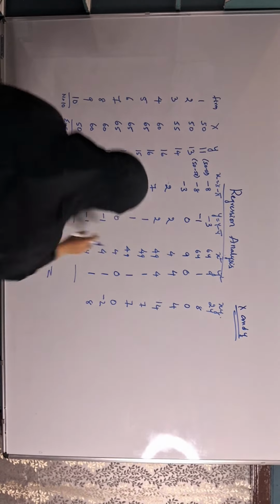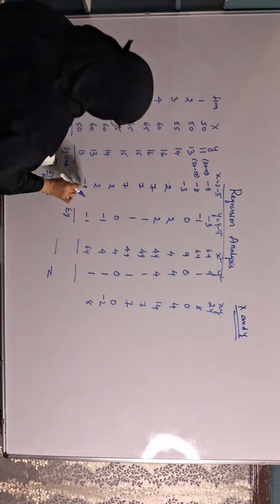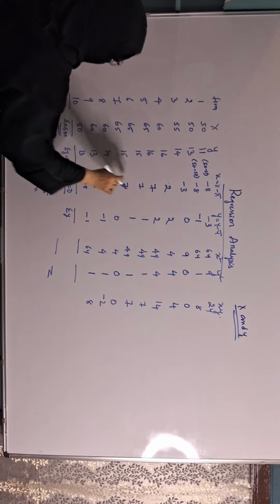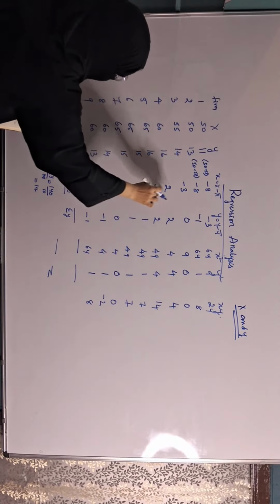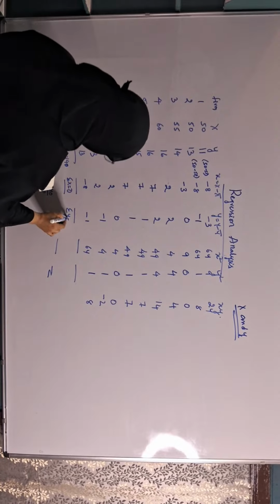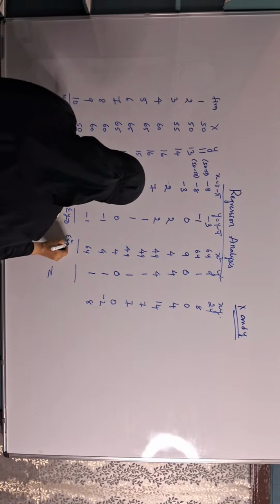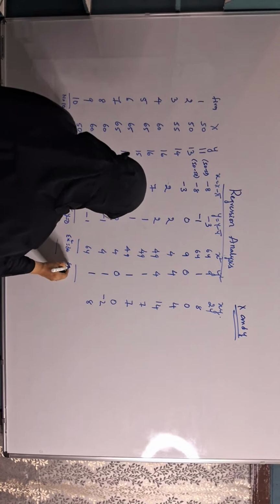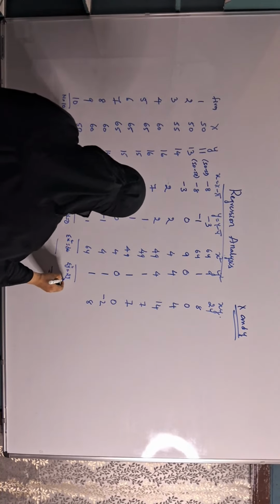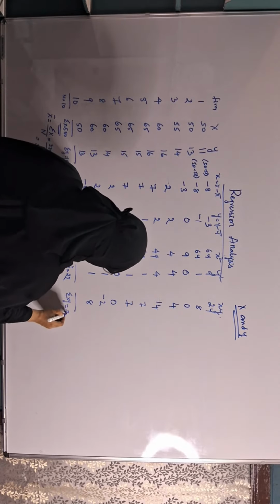So when you total up all the columns, sigma x is 0. Add all the minus values, then add the plus values, then if you total it you will get 0, and this also 0. Sigma x square is 360, sigma y square is 22 and your sigma xy is equal to 70.